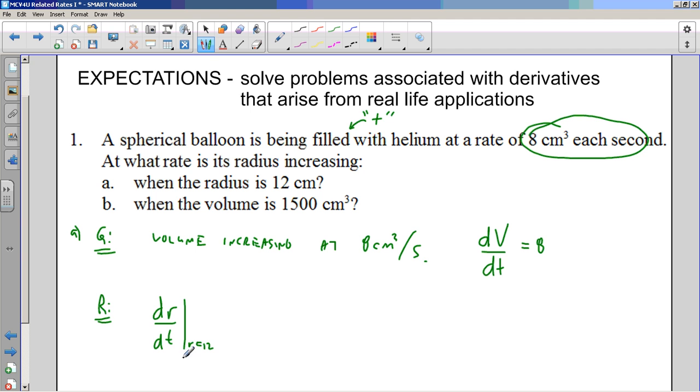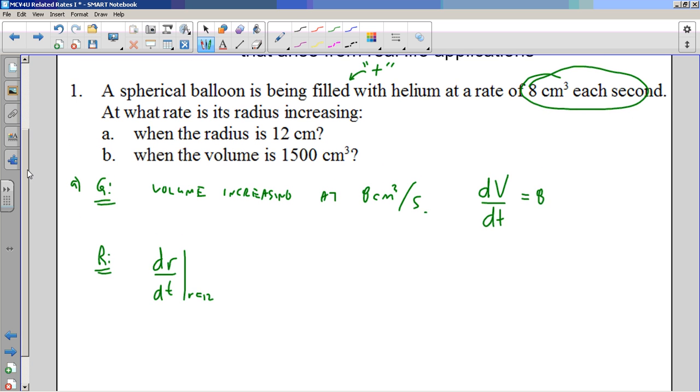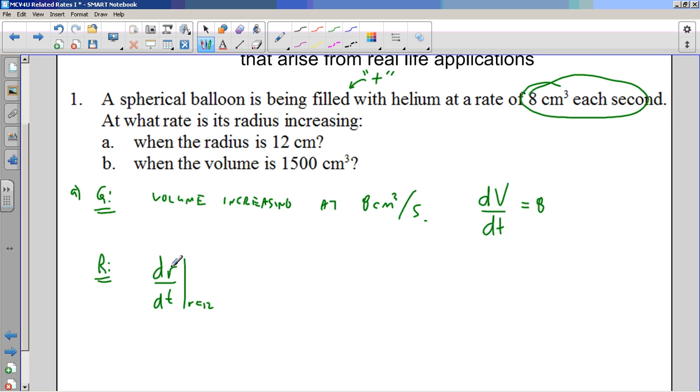All right, well, so how do we do this? This isn't an optimization question. I'm not trying to find the maximum volume or the minimum cost or anything like that. I just want to find out this value when r equals 12. So you could almost think that this might be a given up here, r equals 12. Sure. So now how do we handle this? What's the analysis?